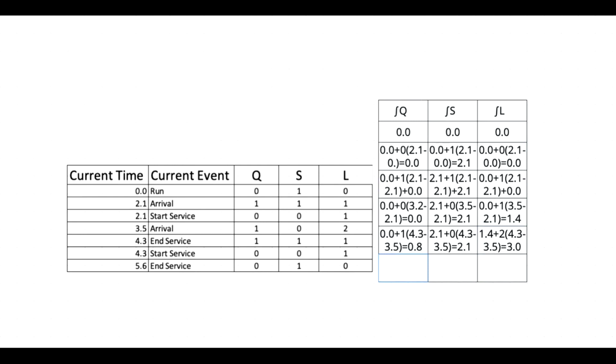For S, we have our previous sum plus the previous value times the elapsed time, and we're stuck at 2.1. And then finally, for the number in the system, we have the previous sum plus the previous value times the elapsed time, and that's still 3.